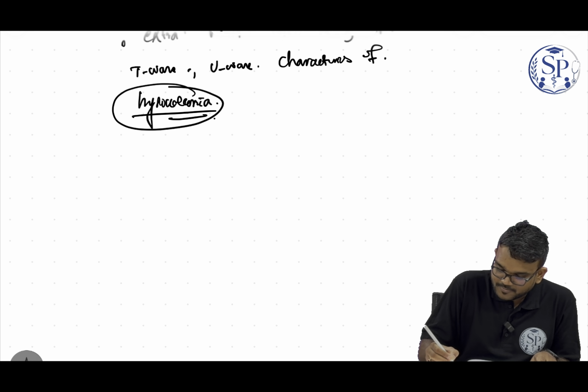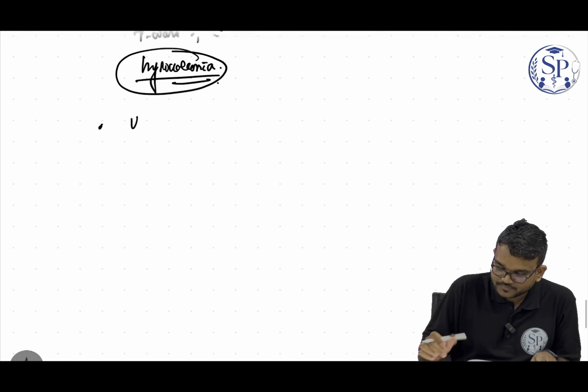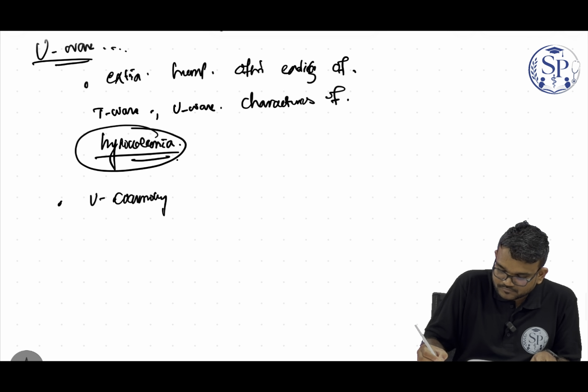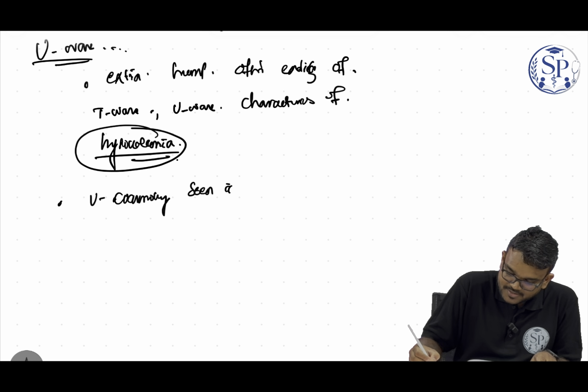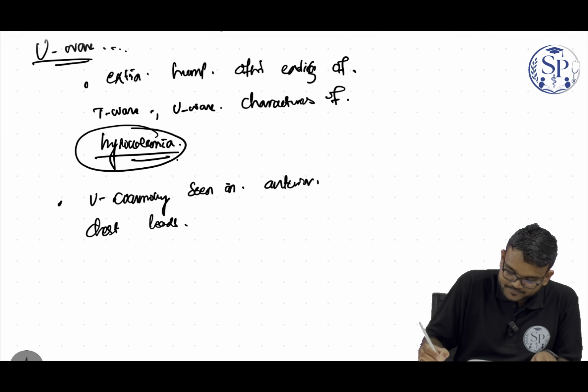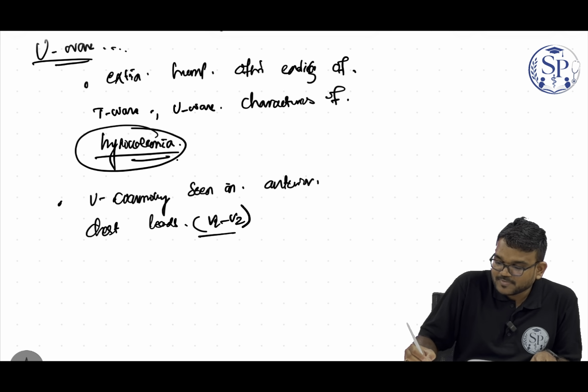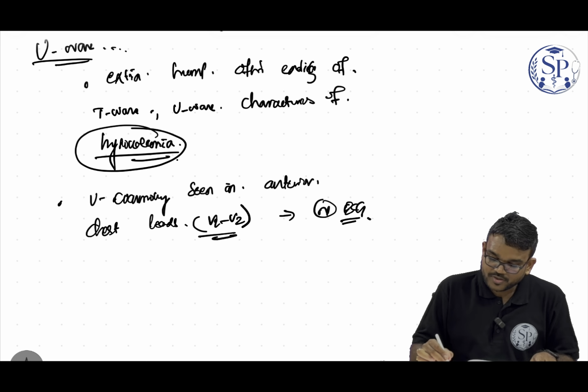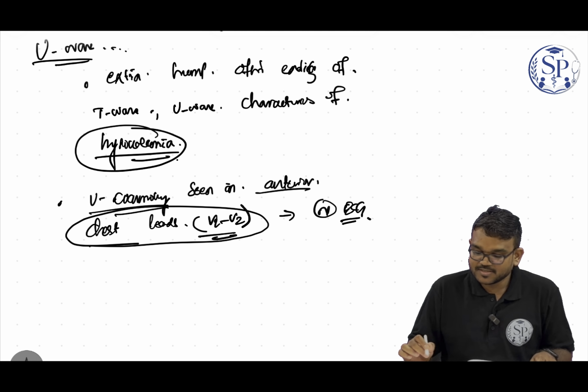U waves are commonly seen in anterior chest leads, V1 and V2, which signifies normal ECG. Okay. The U waves are commonly seen in anterior chest leads, that is V1 and V2, which signifies normal ECG.